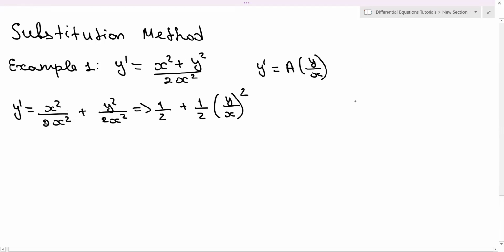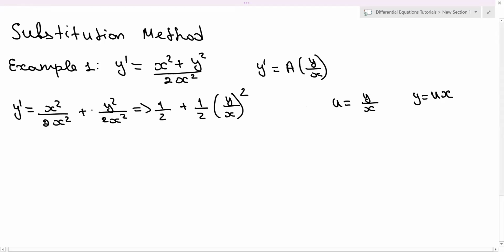So we write u is equal to y over x. This is our substitution, and y is equal to u times x. We could write v times x instead; it doesn't matter what letter you use.